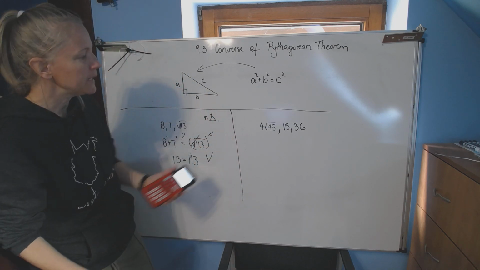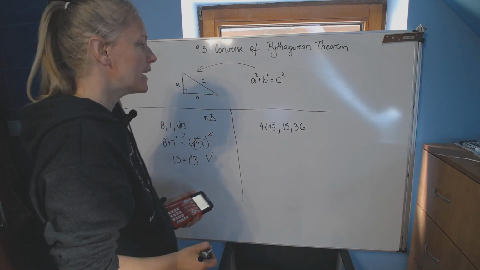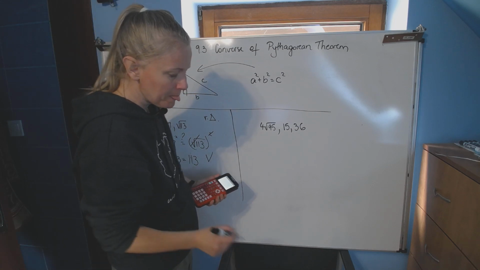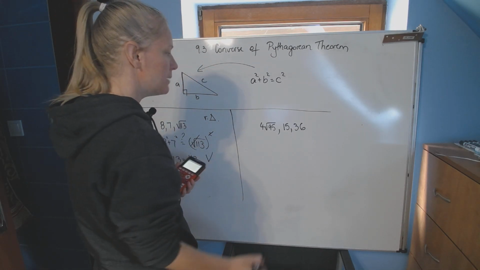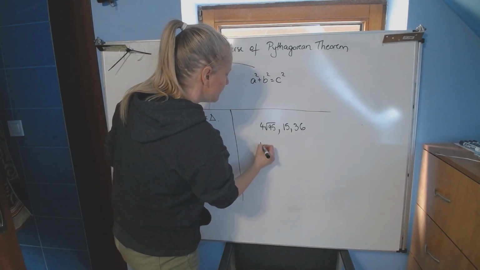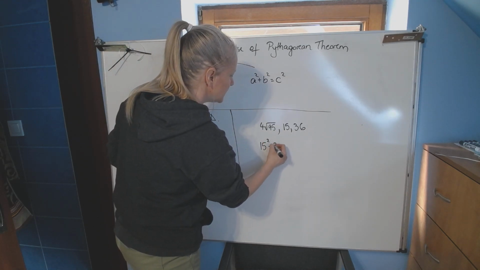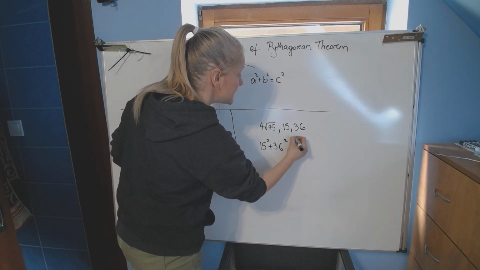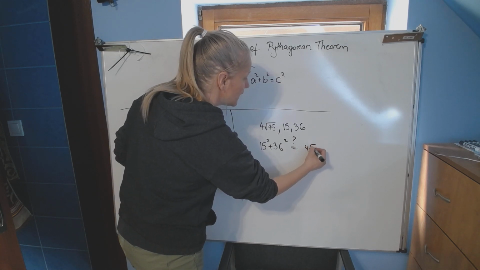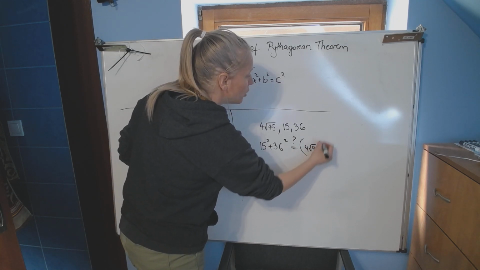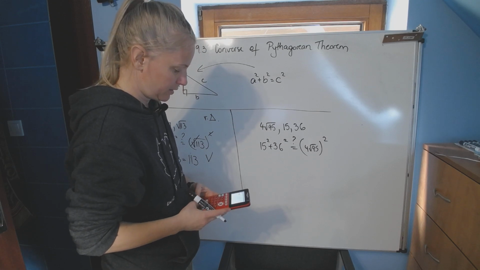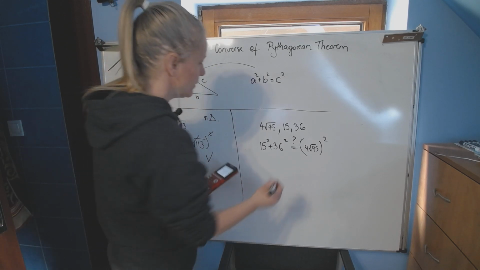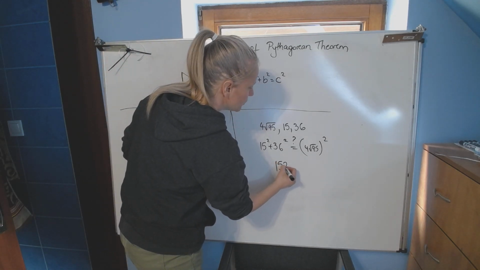Let's look at 1B. You have 4 square root of 95, 15, and 36. If you look at that drawing, 4 square root of 95 looks to be the hypotenuse. So that means that's 15 squared plus 36 squared. Does it equal 4 square root of 95 all squared? I don't know, but I'm going to check it. 15 squared plus 36 squared gives me 1,521.